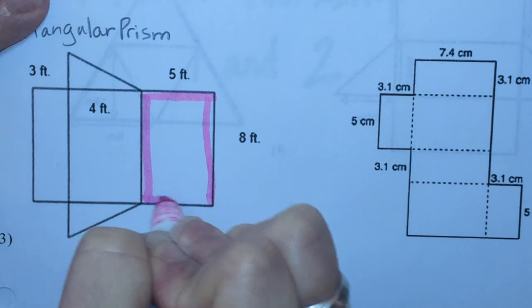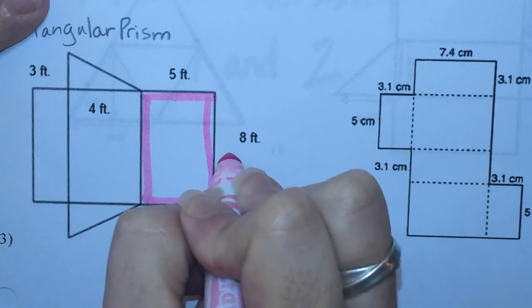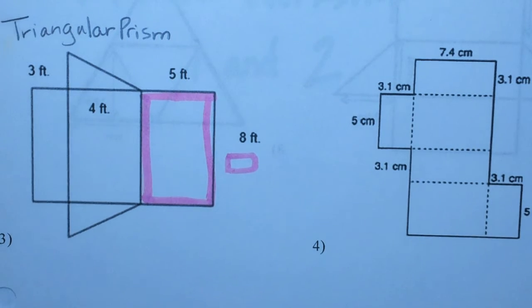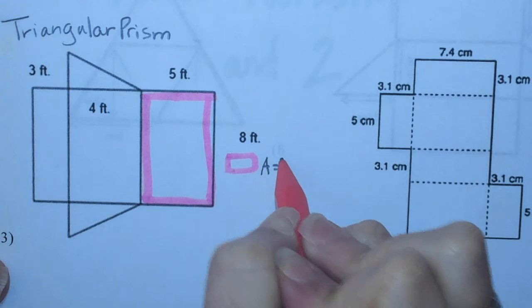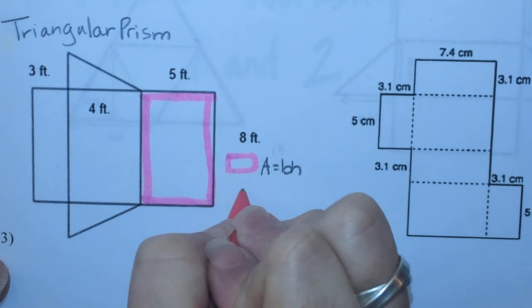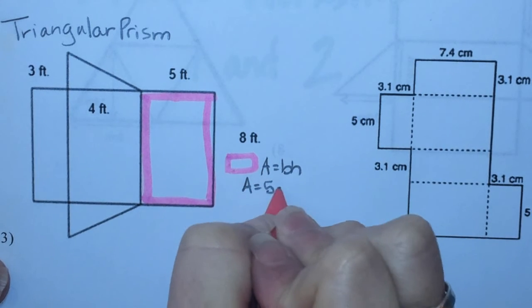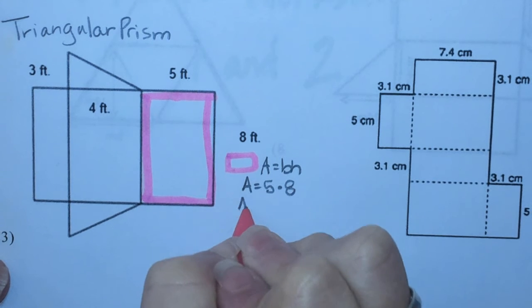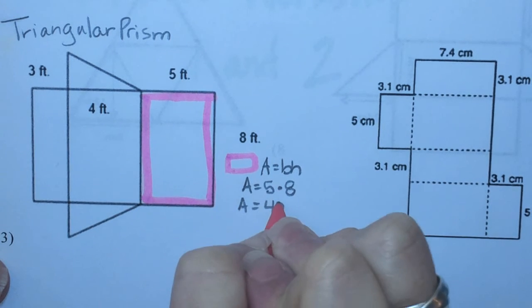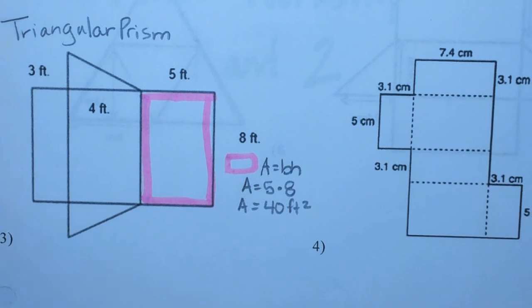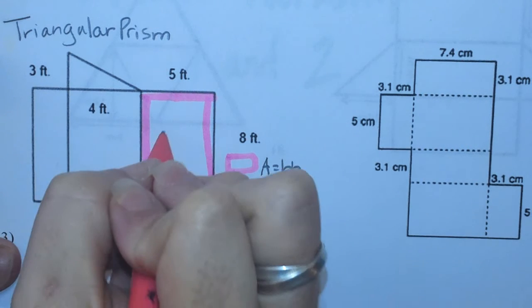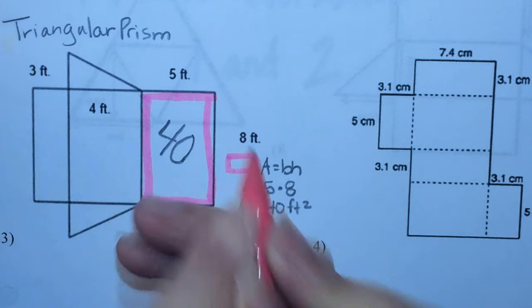Okay. So, the pink box, and only the pink box, is 40.